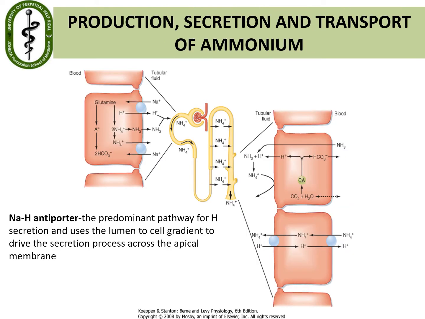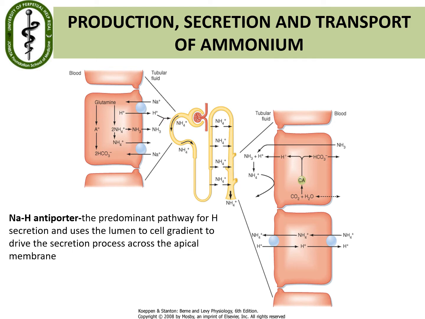Now, this slide shows us the production, secretion, and transport of ammonium. It's quite a busy slide. The ammonium is produced in the cells of your proximal tubule, in a process called ammoniogenesis. Then ammonium is secreted in the lumen, and bicarbonate enters the blood.